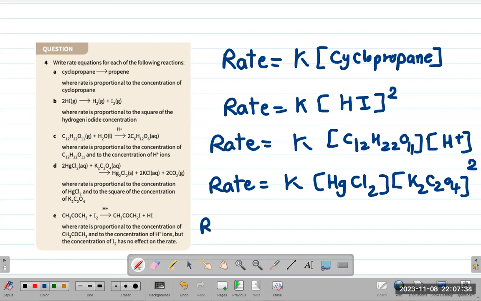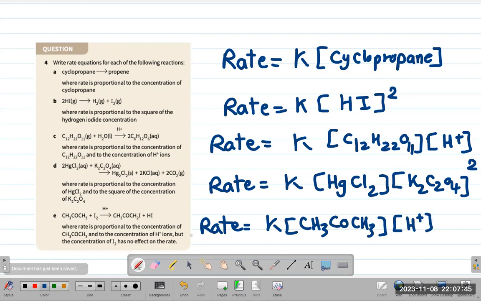And the last one, the rate is proportional to the concentration of CH3COCH3 and the concentration of H+ ions, but changing the concentration of I2 has no effect, so we will not mention it in the equation.